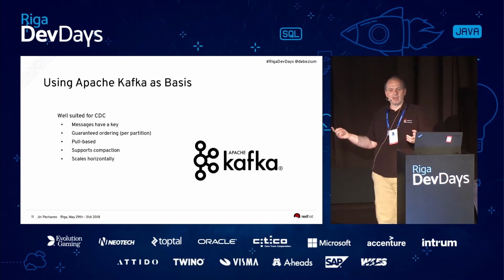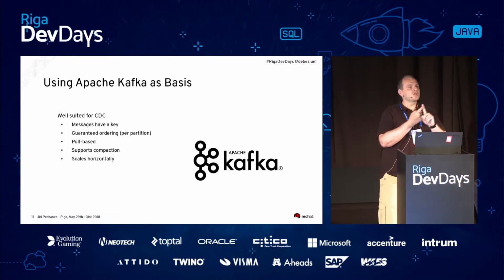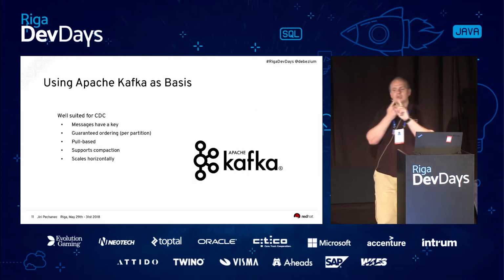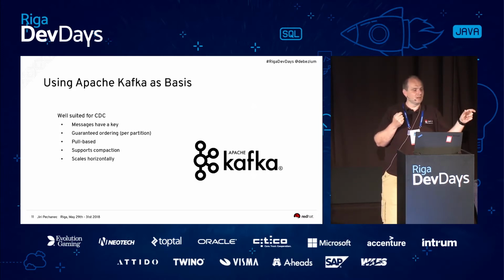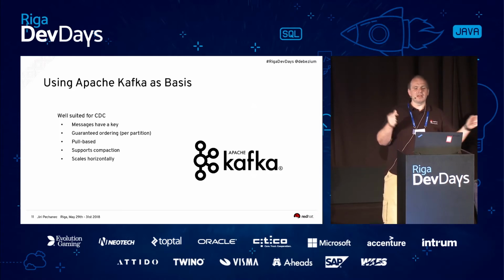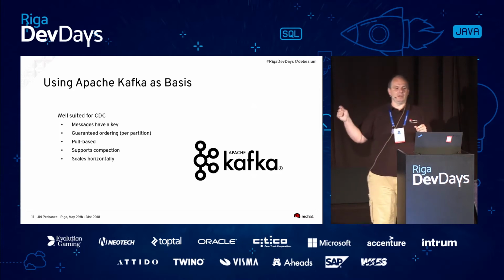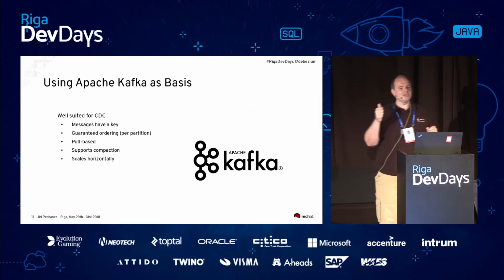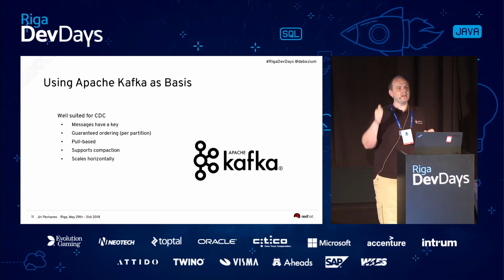Why is that? Every message that goes to Kafka has a key. So we can uniquely identify a change in the database by its primary key and associate it with a message key in Kafka.